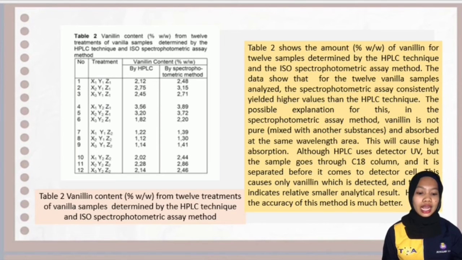This will cause high absorption. Although HPLC uses a UV detector, the sample goes through a C18 column and is separated before it comes to the detector cell. This causes only vanillin to be detected, and this also indicates a relatively smaller analytical result. However, the accuracy of this method is much better. That's all from me. Thank you.